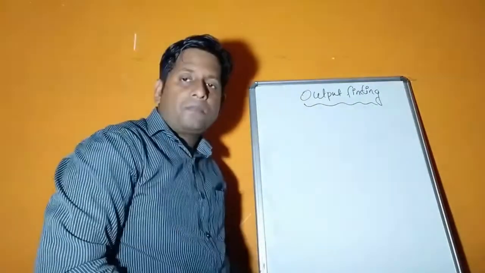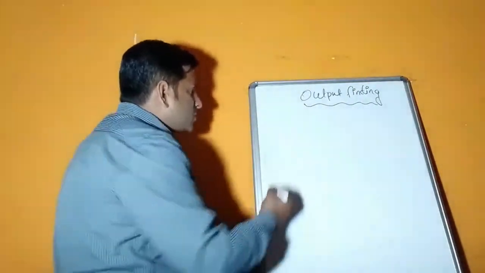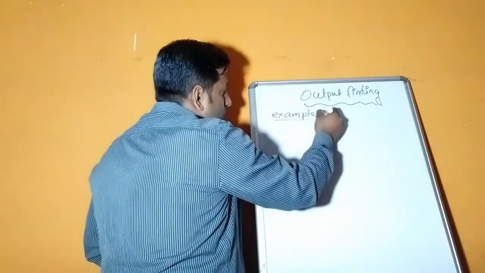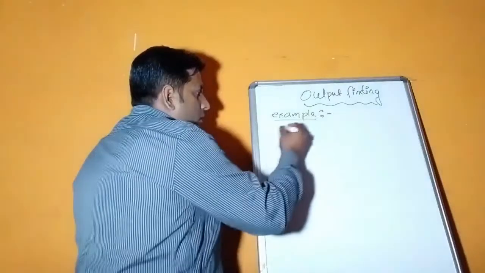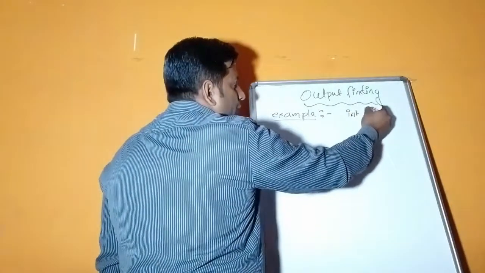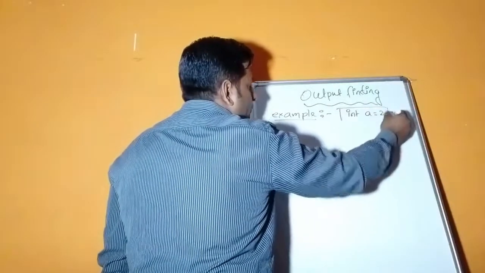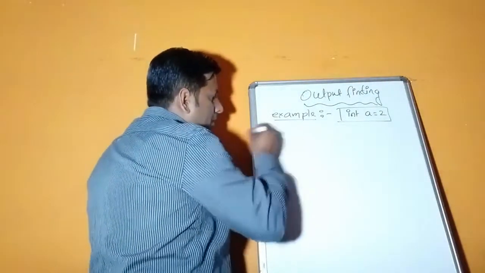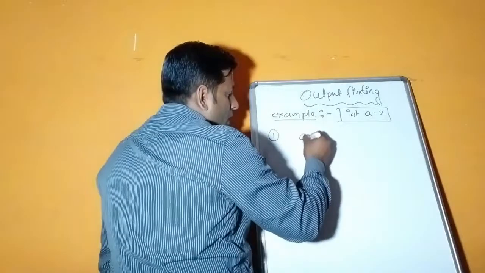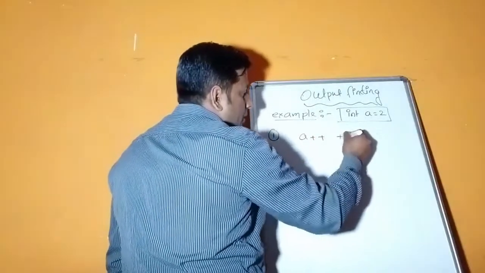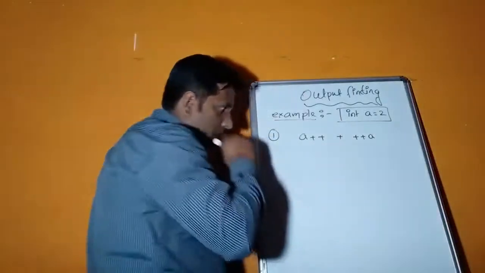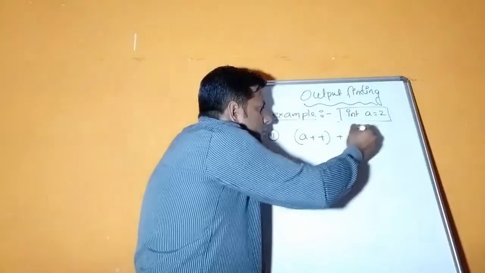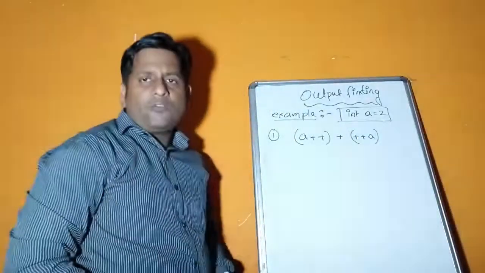So children, let us take some more examples. We'll consider the value of a as 2 only. Let us make it fixed. Our first example: a plus plus plus plus plus a. Now do one thing, first make a group.